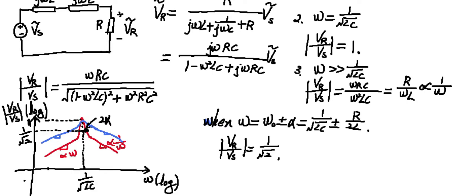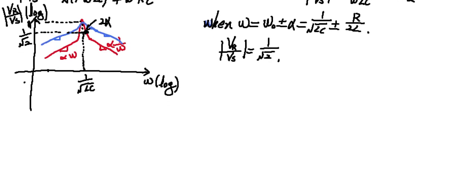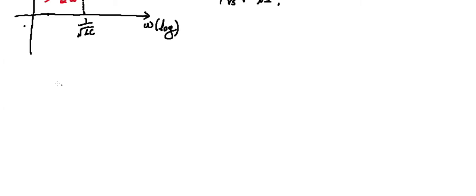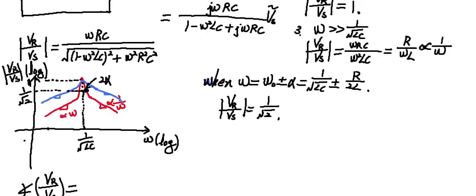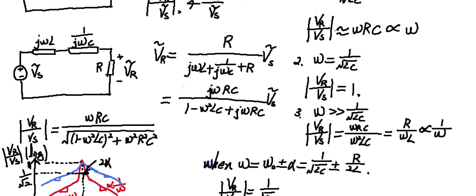Okay, so this is magnitude. In the following, we can also talk about the phase. So let's write down the phase expression, VR over Vs. Now let's focus on the expression here. If you look at the phase, we know the phase will be the phase of the numerator minus the phase of the denominator. The phase of the numerator can be easily seen to be pi over 2 because it's purely imaginary.